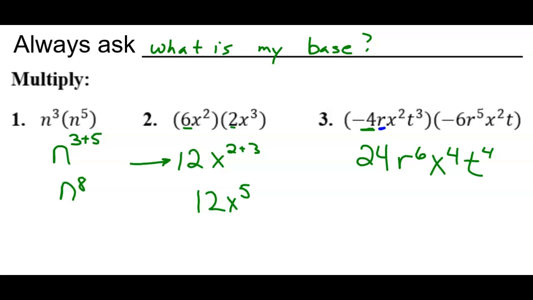Deal with each one of them separately, and go all the way across until you have dealt with all of the exponents. We simply wrote this R down because that was the next thing. And then we wrote the X down because that was the next thing. And then we wrote the T down because that was the next thing. If there was another variable in here, I would write it down. If there wasn't one over here, it would just be the same as what it is over here. Okay?